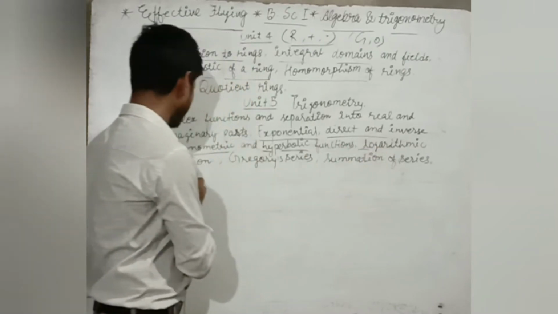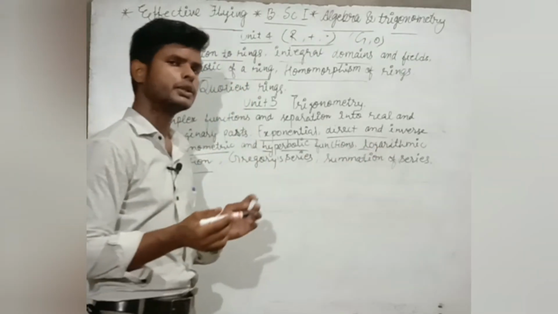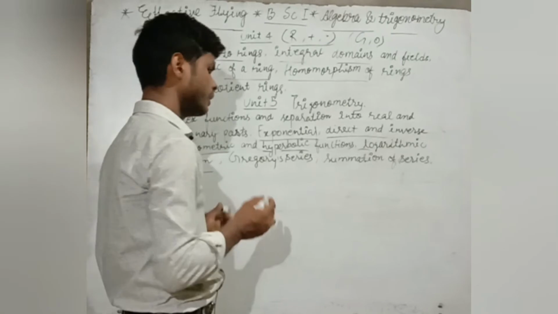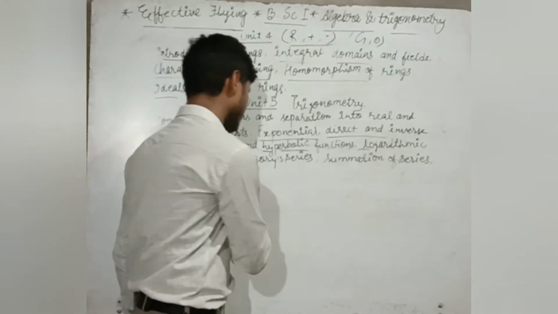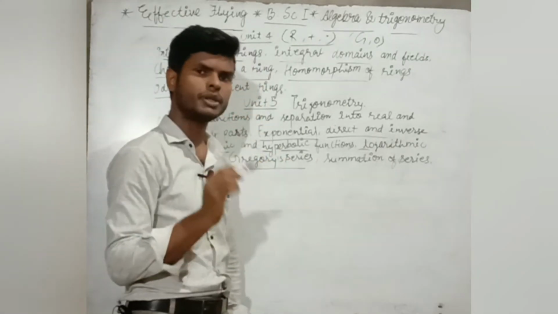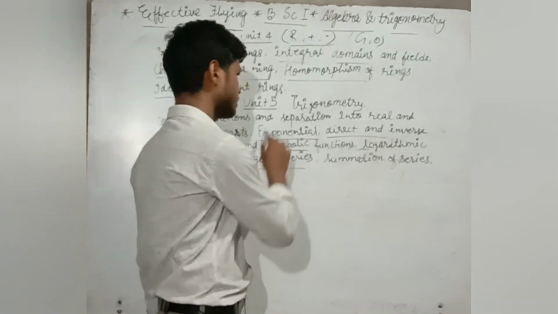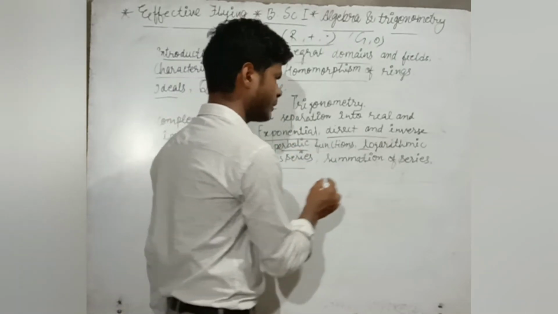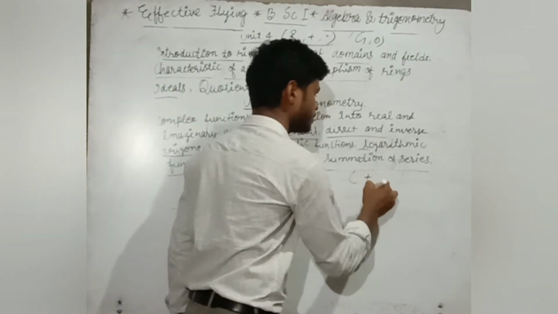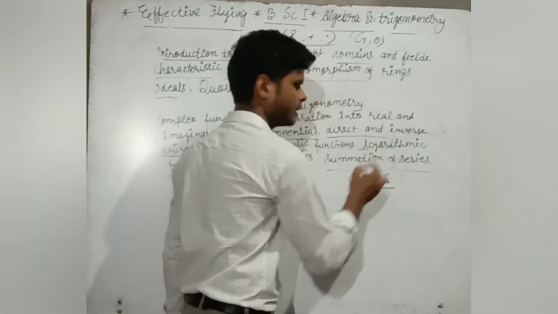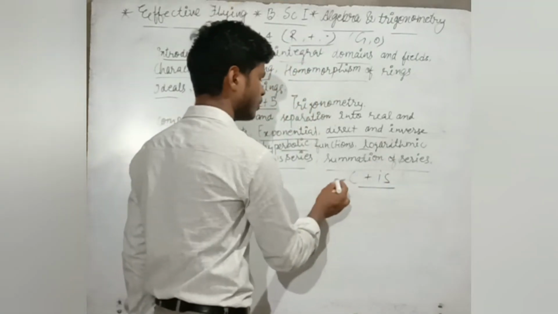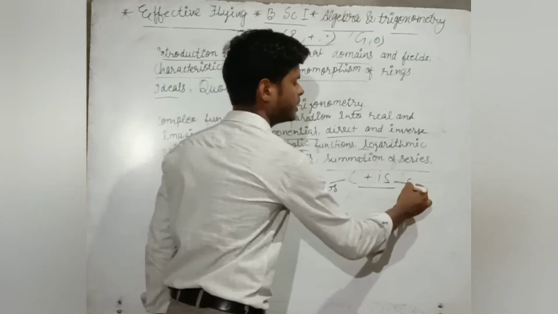Logarithmic function is also related to trigonometry in B.Sc first year. Gregory series is a very important part of this syllabus, and summation of series, which is related to C plus iota S. C means cos and S means sine.